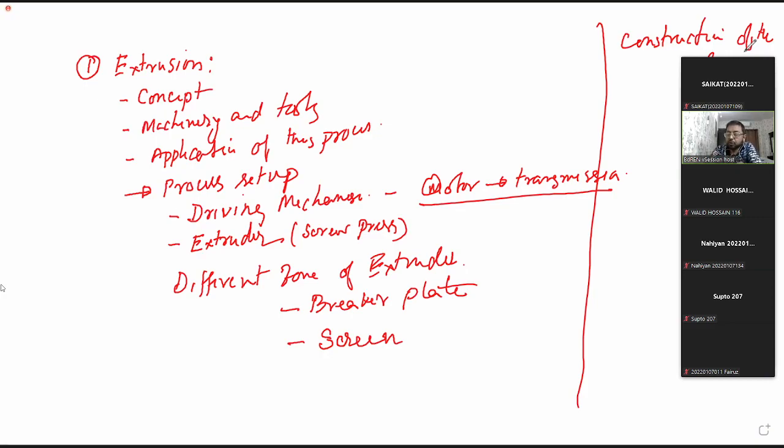In the construction of the screw, we said there are three zones: feeding zone, then melting zone, and metering zone. We studied the constructional elements of the screw.